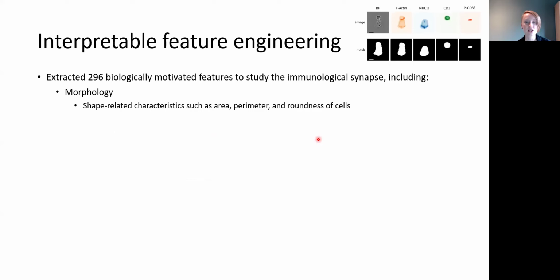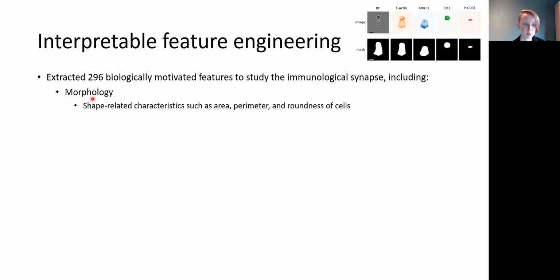In terms of the interpretable approach, this was using another kind of software and approach, which I'm not going to go into any detail on because it's more image analysis focused. They extracted just under 300 biologically motivated features that would help them to study this immune synapse.